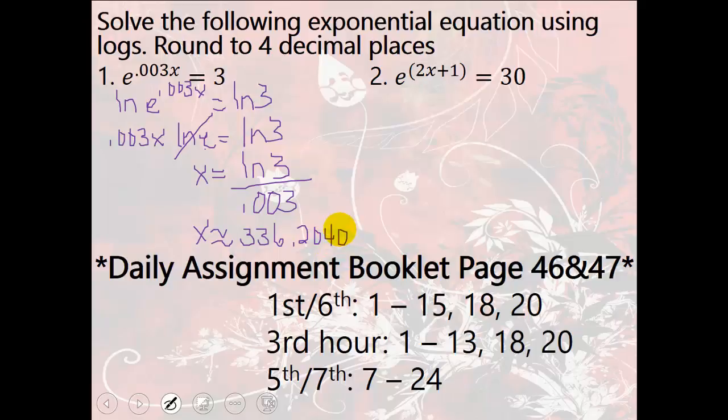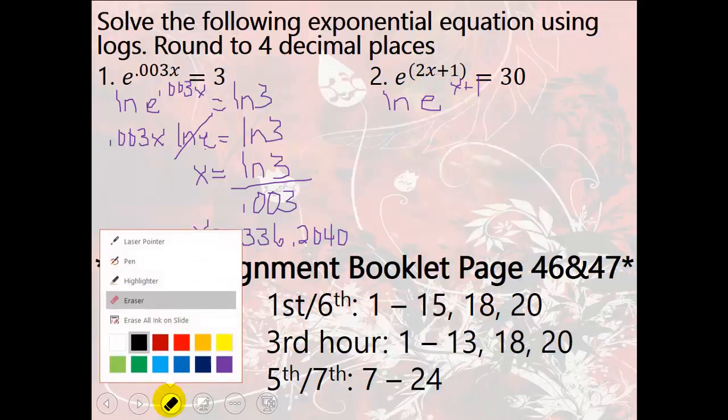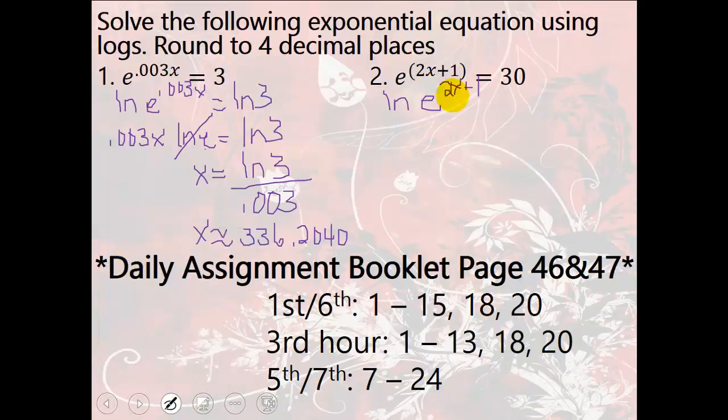And then the second one, we're going to do basically the same thing. I'm going to apply the natural log to both sides, so I get the natural log base e of the input e raised to the 2x plus 1 is equal to the natural log of 30.